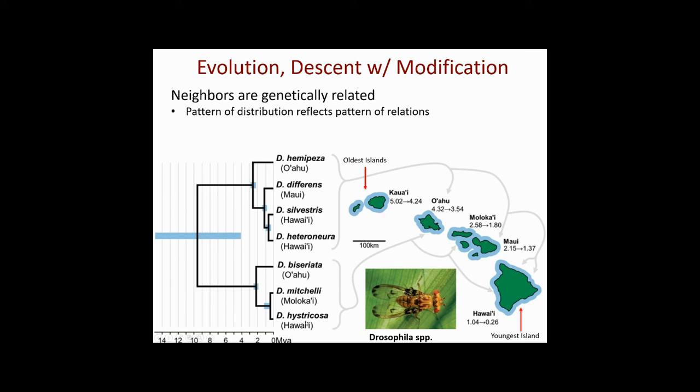So these three Drosophila fruit flies, these three species started out on the island of Oahu, but as Molokai and Maui formed as new islands, many millions of years ago, these flies from Oahu were able to move and colonize onto Molokai and Maui.